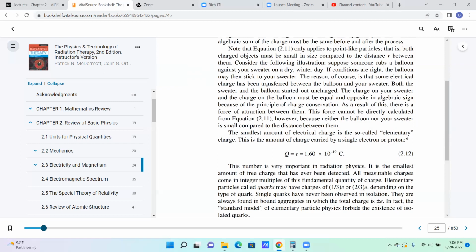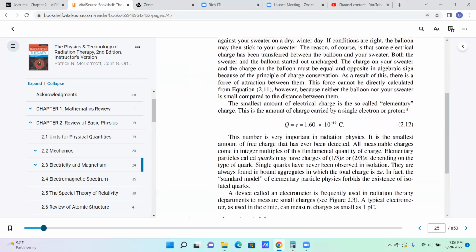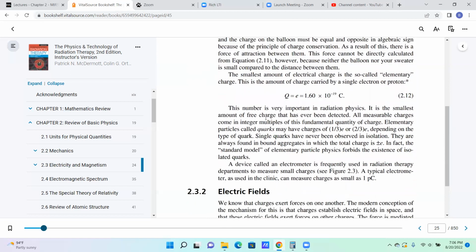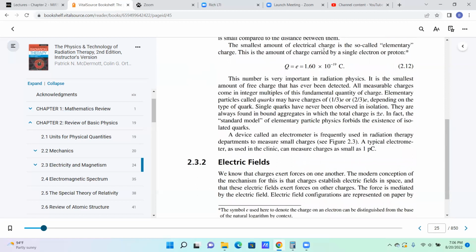Both the sweater and the balloon started out uncharged, but the charge on the sweater and the charge on the balloon are equal and opposite, and therefore that causes the attraction between them. It cannot be directly calculated from the equation, because neither the balloon nor your sweater is small compared to the distance between them.